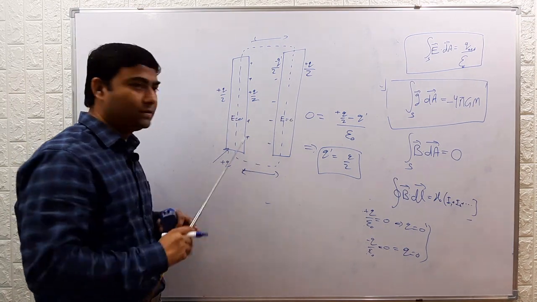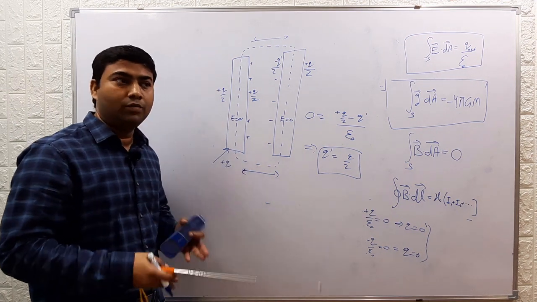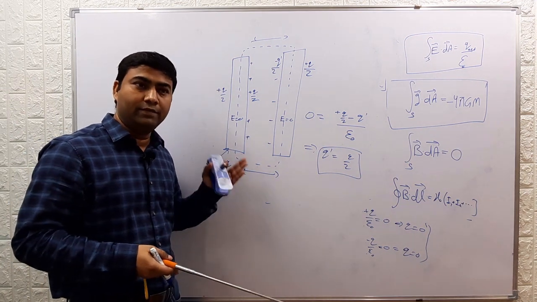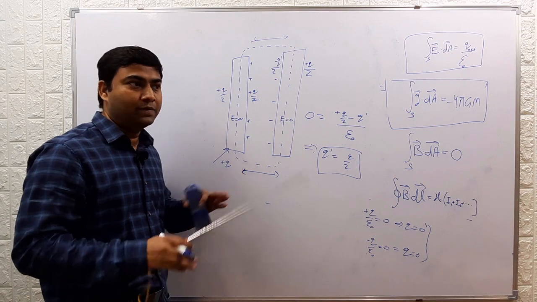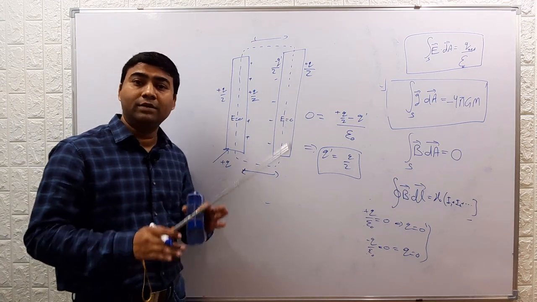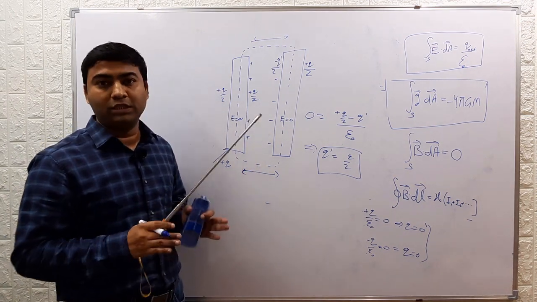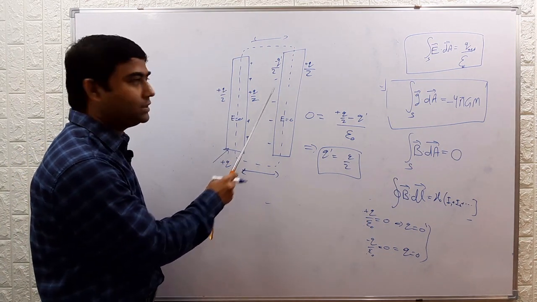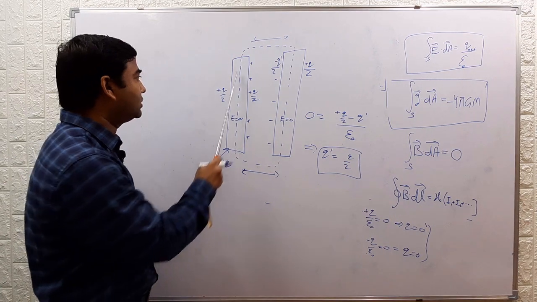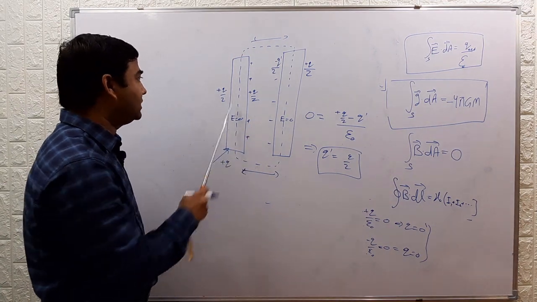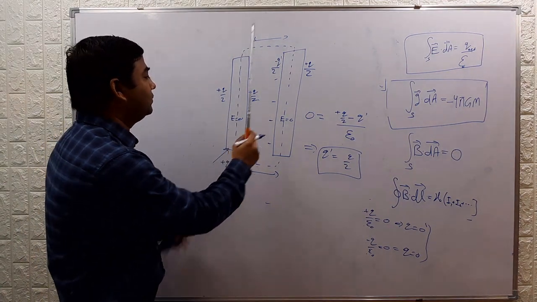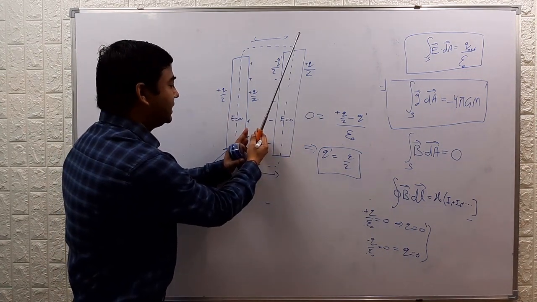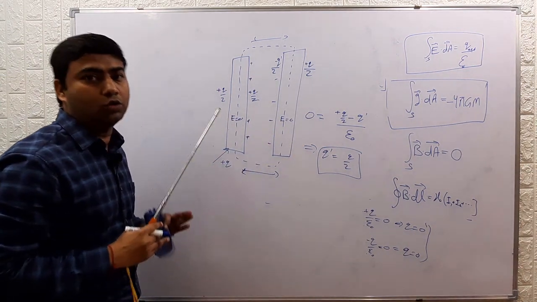This we have already discussed, that facing surfaces will always have equal and opposite charge, whether they are flat surfaces or circular surfaces, whatever their shape is. We have discussed in the ice pail experiment that facing surfaces will always have equal and opposite charges. So if this is plus Q charge, then this will be minus Q charge. Here also we have proved it by Gauss's law by creating this Gaussian surface, and this length we have assumed very small, and we have assumed that these plates are very close to each other.